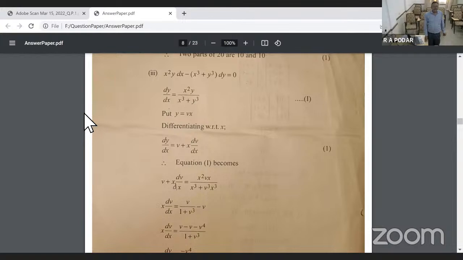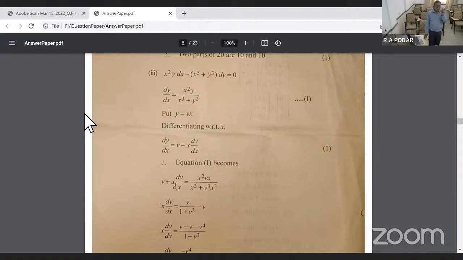You can see here, you have to write it in the dy by dx format. So take this bracket to the other side, negative will become positive, and then divide by dx. So dx is in the denominator now. It was in the numerator. So you get this. Then the particular thing after separating this: the value of y we have converted in terms of v into x.